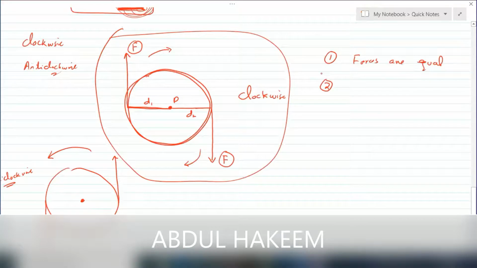Number two, both forces are opposite in direction. Number three, both forces are parallel to each other.